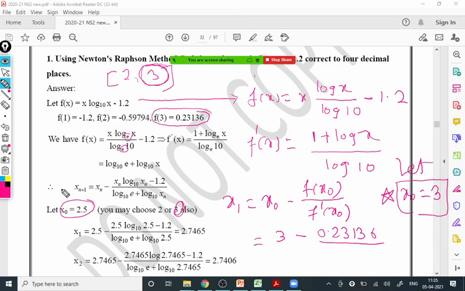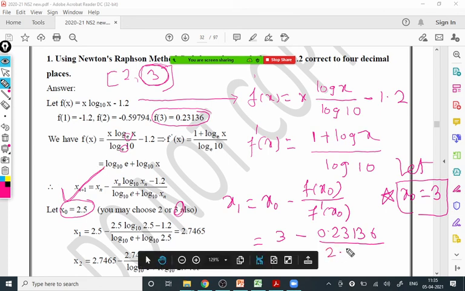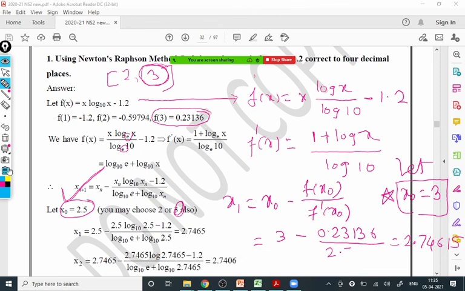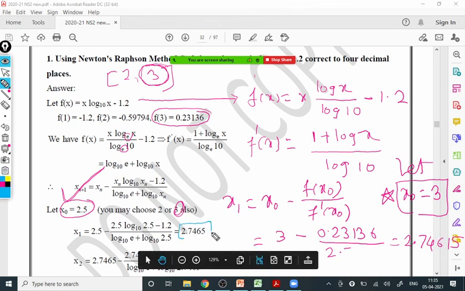Others are also correct. 2.5 is also correct. I'm not saying it is wrong, but it is your choice. The final answer is 2.74615. I will check the difference here. By 2.5 we get this answer, by 3 we get this answer.